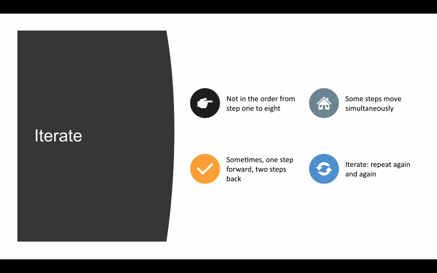Now, even for the 8 different steps, you also need to iterate, right? So when you come up to the later steps, you find out, okay, you need to modify the previous ones. Then of course you do it. All right. So then no order from step 1 to 8, and some of the steps move simultaneously.